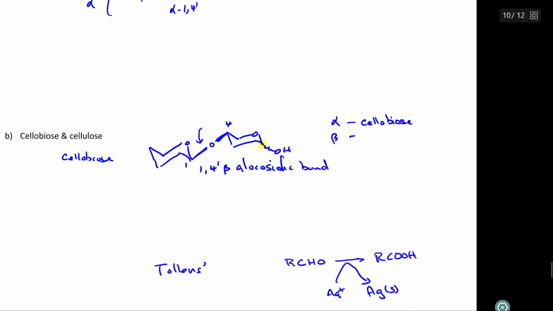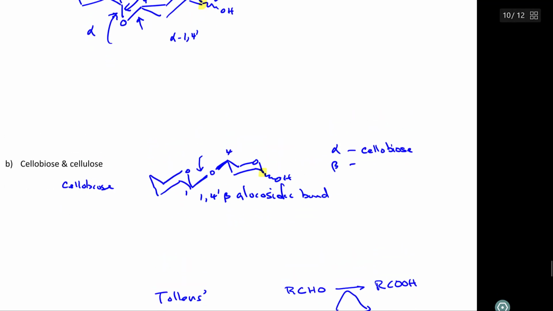So taking cellobiose, for example, I can reduce that down because it turns out there's an open chain form of cellobiose. It looks something like this. On this side it stays closed because it has this glycosidic bond, or the acetal bond.